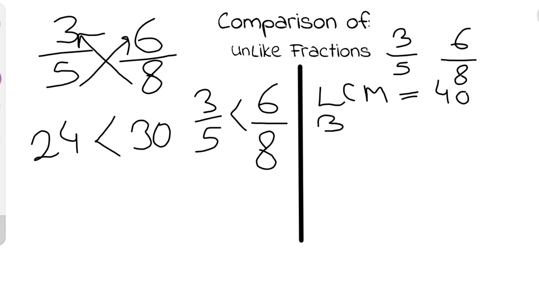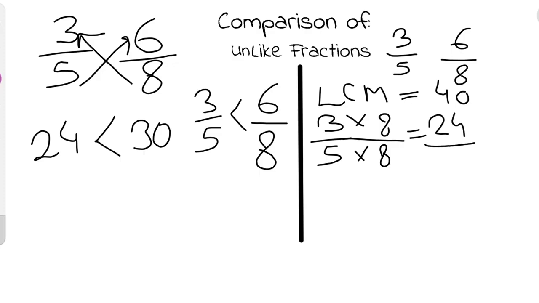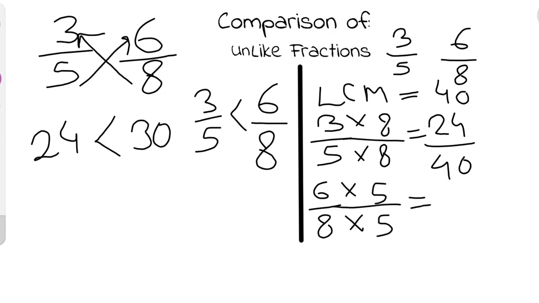In the case of 3 by 5, if we multiply both the numerator and denominator by 8, we will get an equivalent fraction with denominator 40. 3 times 8 is 24 and 5 times 8 is 40. Similarly for 6 by 8, if we multiply both the numerator and denominator by 5, we will get an equivalent fraction of 6 by 8 with denominator 40.